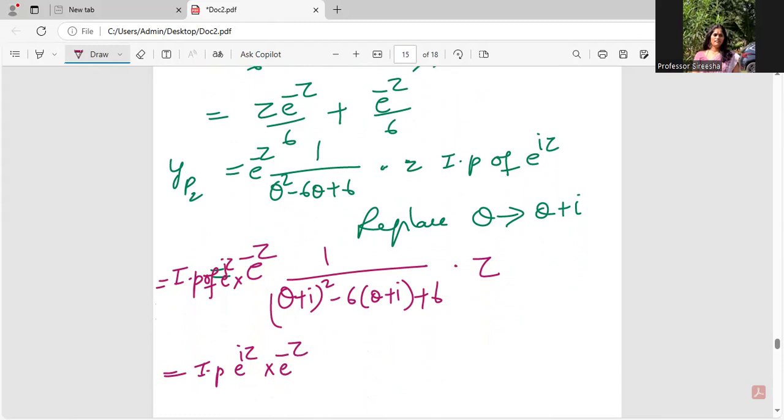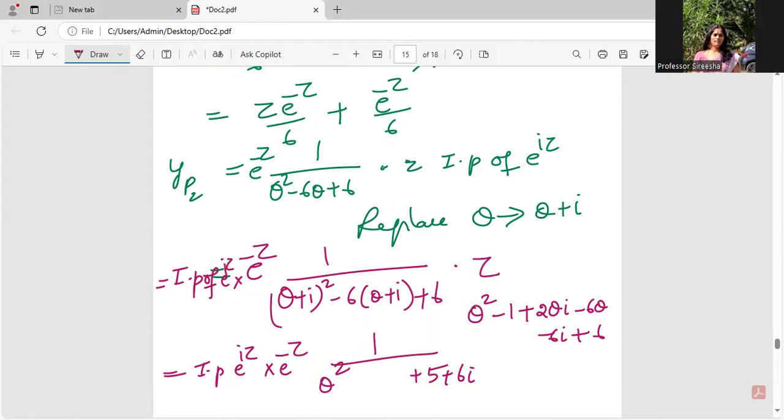Denominator simplification: θ square minus 1 plus 2θi minus 6θ minus 6i plus 6. Plus 6 minus 1 would give me 5. θ squared is as it is. What I will get in the denominator would be 5 plus 6i also will be there.